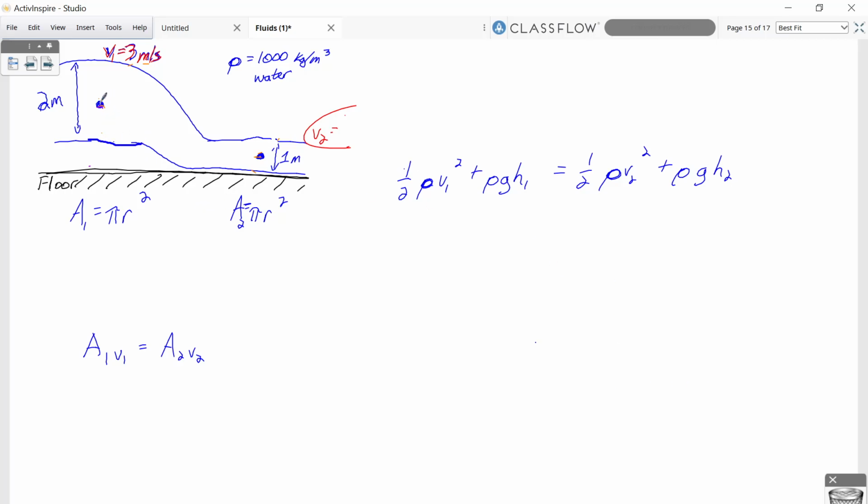So our first thing that we need to do is here, this area is, let's say it's 2 meters. It's a pipe that's 2 meters in diameter, okay? And so the halfway mark here, so what's half of 2, right? Half of 2 is 1.